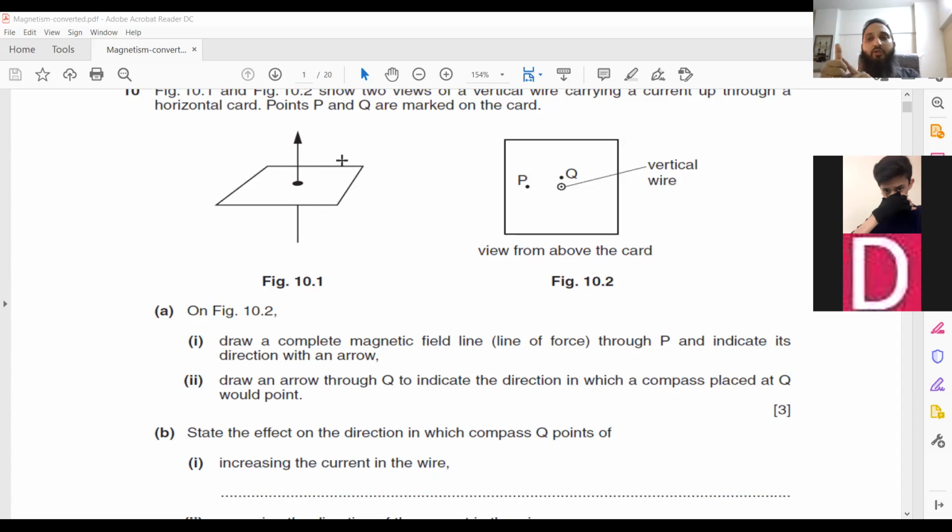The thumb represents the direction of the current, and the fingers turn in the direction of the magnetic field. As I'm looking from the top, the thumb should point towards me because the current is going up. If current is going up and I'm looking from the top, it means the current is coming towards me. So if I want to draw the direction of the magnetic field, my thumb should point towards me and the fingers will turn around it. So when I rotate, how will the fingers point?